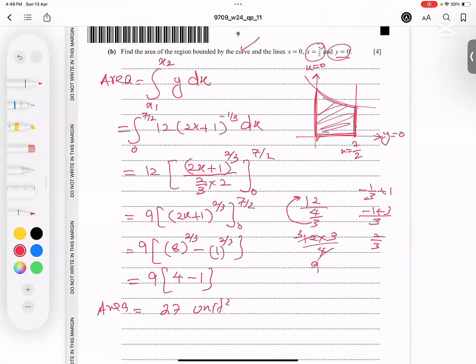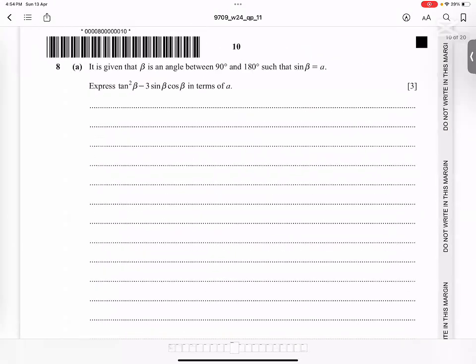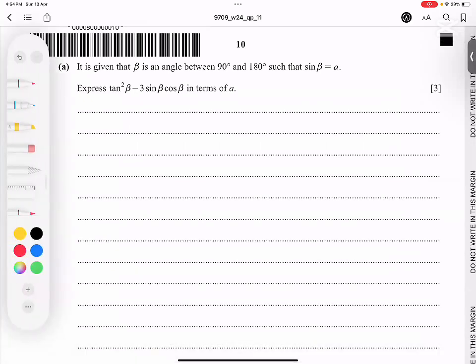And let's go for question number 8 we have here. Beta is an angle between 90 and 180. Where's 90 and 180? If you look carefully, 0 to 90, 180, 270, 360.